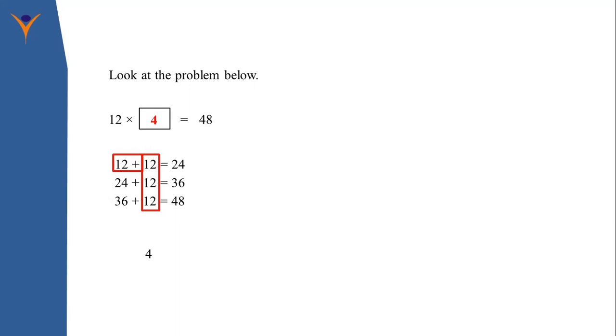You see how addition can help us to obtain multiplication. All right. So we can say from this that 48 divided by 4 equals 12, and also that 48 divided by 12 equals 4. Just the way we saw in the previous example.